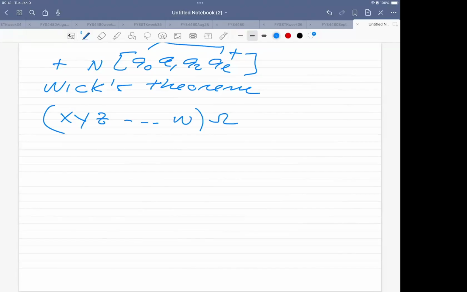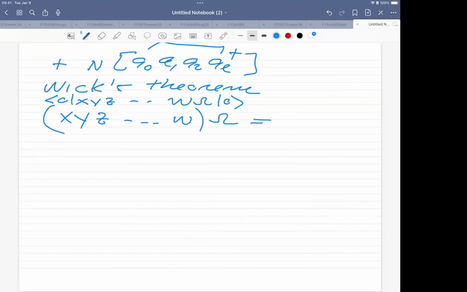So normally, it's pretty common to skip the fact that this is actually an expectation value, a vacuum-to-vacuum expectation value. So you will often see this written in this more loose form, just to save some clutter in the notation.